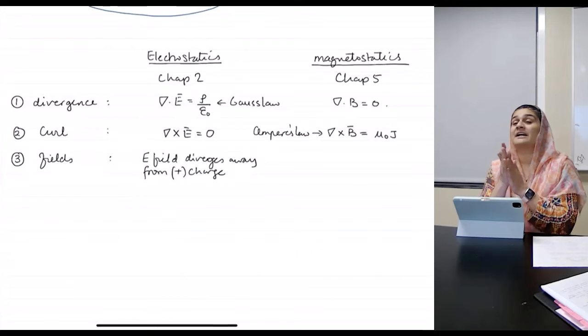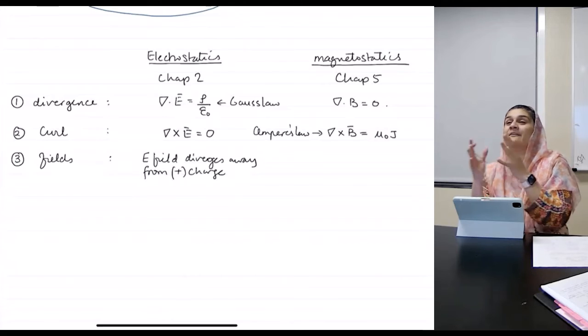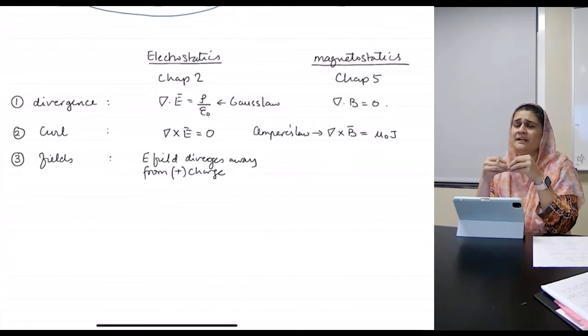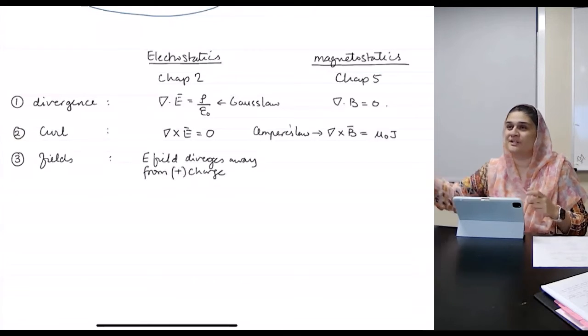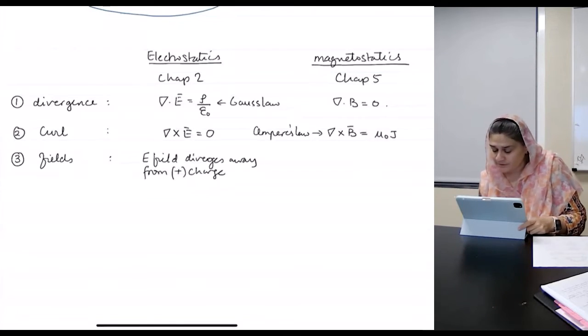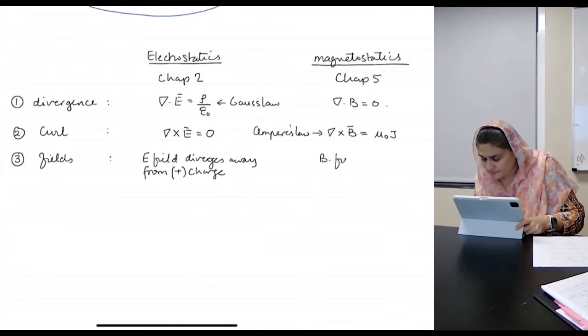And of course, understanding that E field will diverge into a negative charge, but this is just a table, so I'm just giving you one of them. You obviously know the others. Okay, for a B field, curls around a steady current.